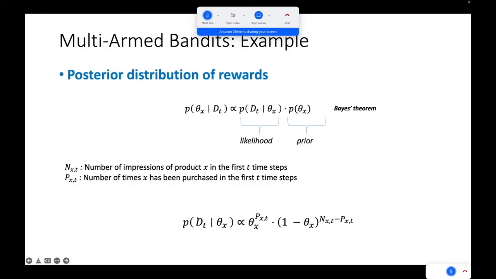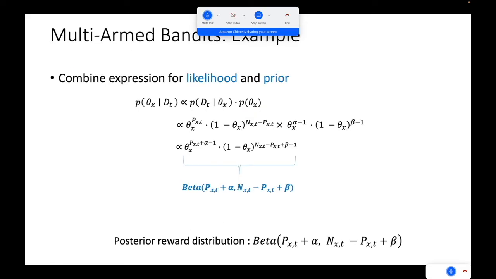With these notations, you can write this likelihood term the following way. It again has a theta and 1 minus theta term. The first term represents the purchases, the second term represents the non-purchases. Now we'll bring in the prior term. The first term here is what we saw. What is new here is the prior term, which is the beta distribution, and this is how it helps in our calculation.